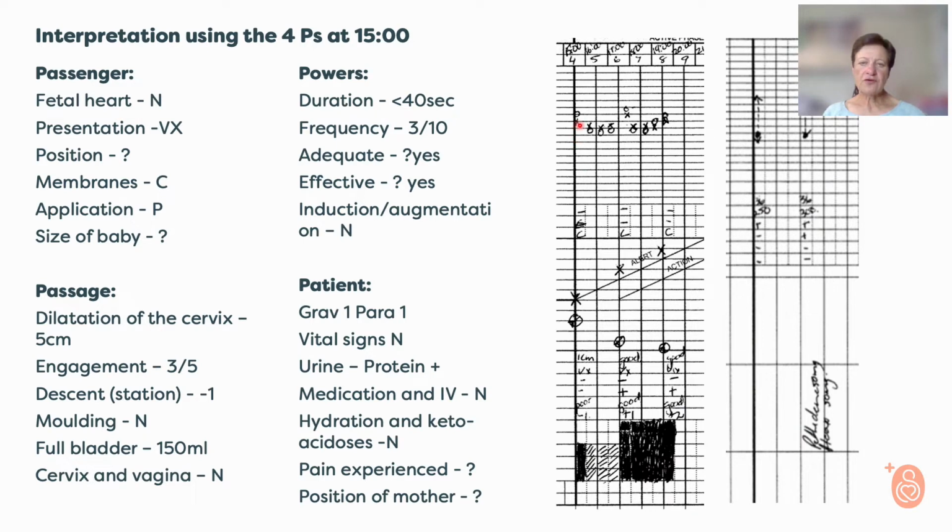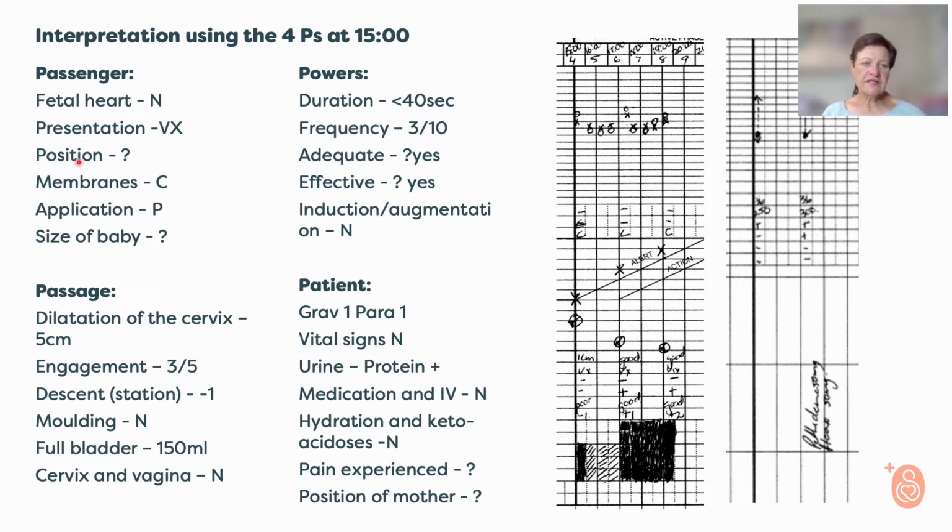Unfortunately you can't see the values here, which is a little bit frustrating, and I apologize because my space is a little bit limited. But this is more or less 140 beats per minute before a contraction and about 135 after a contraction. So there's just a 5 beats per minute difference, so it seems as if the fetal heart is normal.